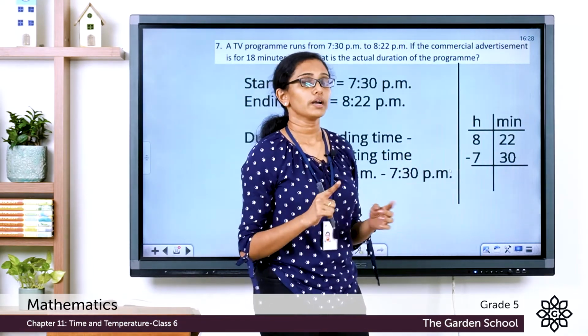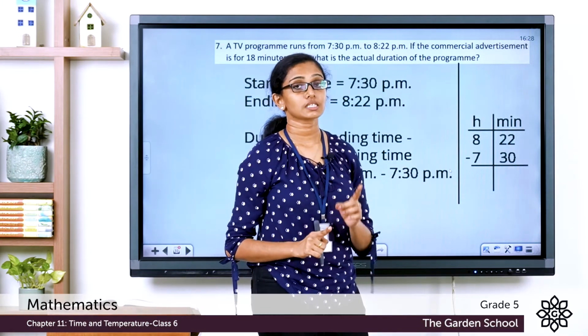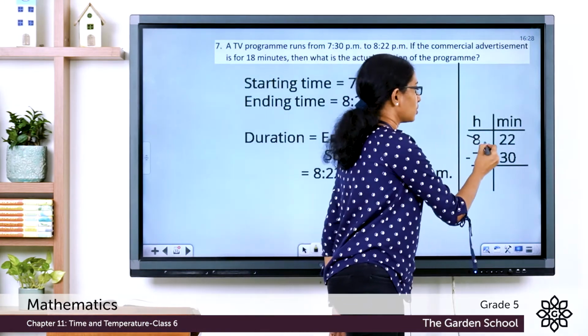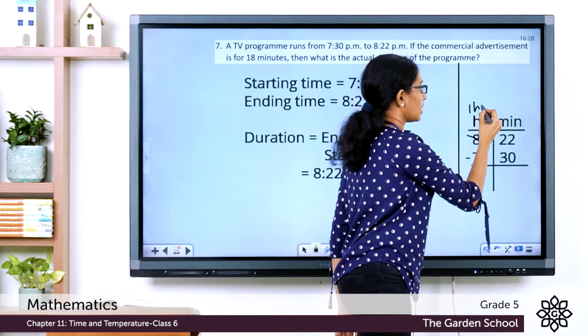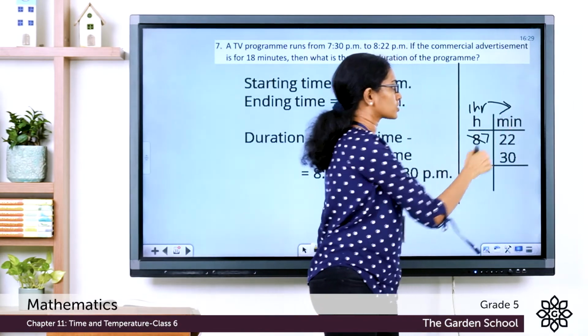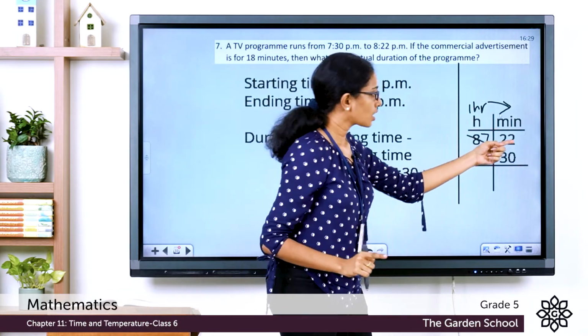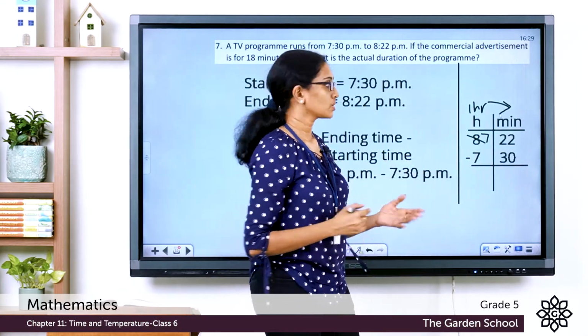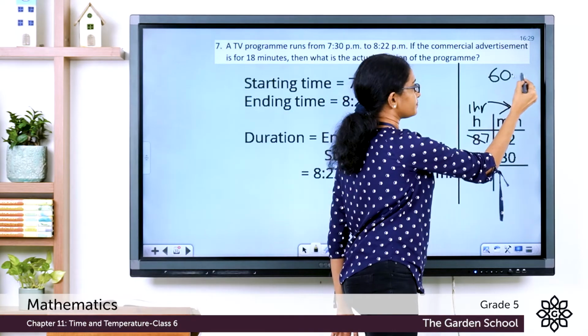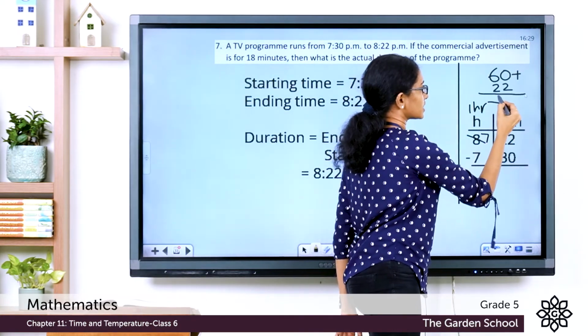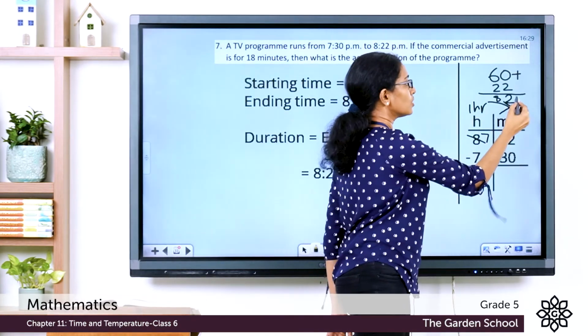When you borrow 1 hour, you are actually borrowing 60 minutes. So borrowing 1 hour from the hours column, giving it to the minutes column, here we have 1 hour or 60 minutes plus the 22 minutes which are already here. So 60 minutes plus 22 minutes is equal to a total of 82 minutes.